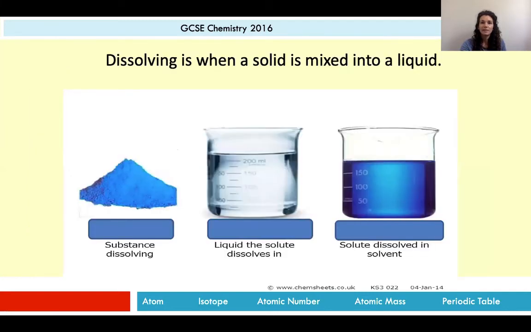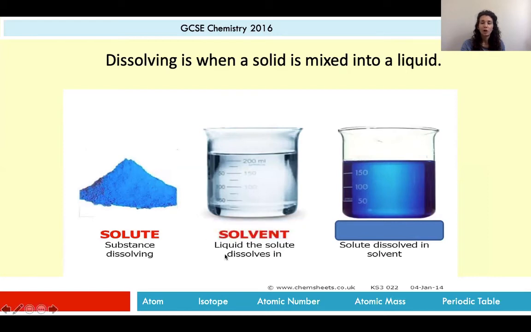Okay, dissolving is when a solid is mixed into a liquid. Okay, so the solute is the substance that you are dissolving. So say you are dissolving some salt into water to make salty water. The salt there would be the solute. The solvent would be the liquid that the solute is going to dissolve in. So say I had salt and water.